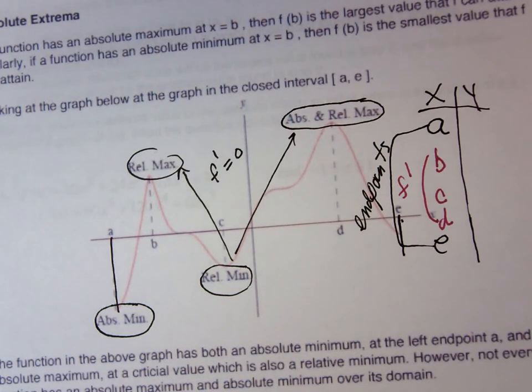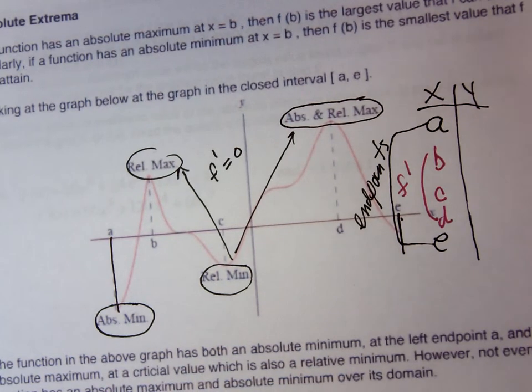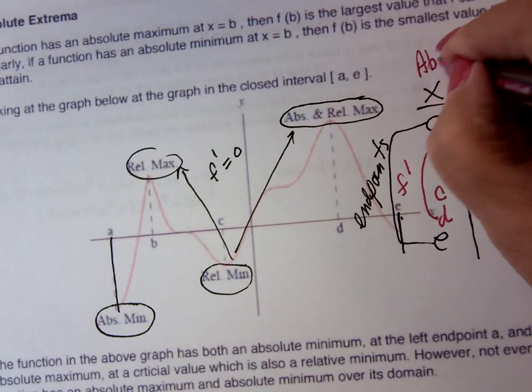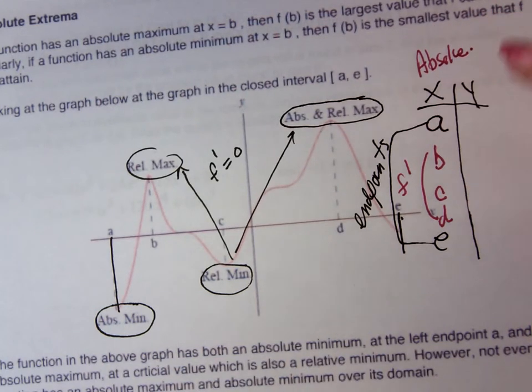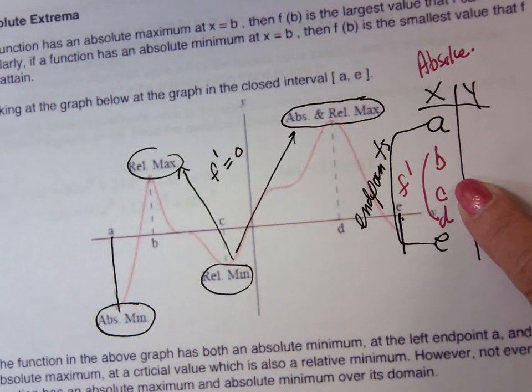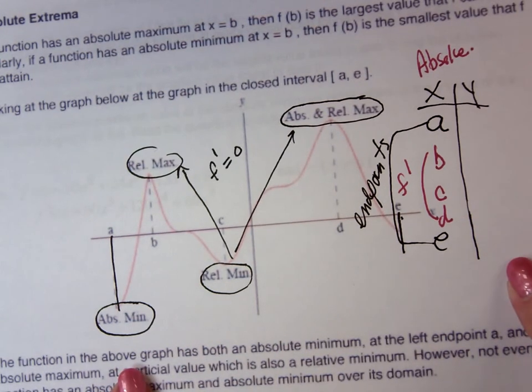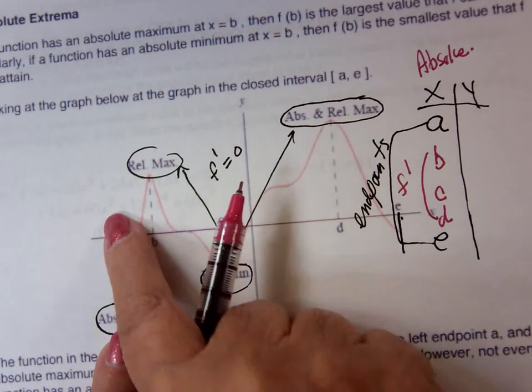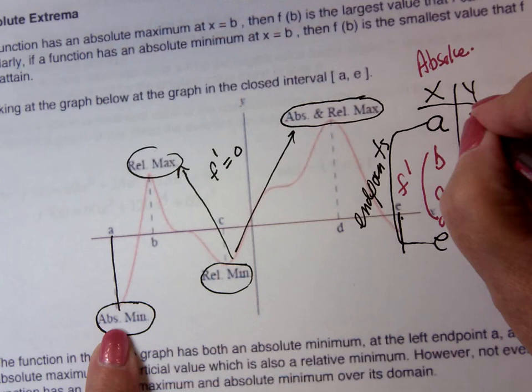So that as I look at the situation, absolute occurs either at an endpoint or hill and valley within the interval. Then I calculate out my y values. And this guy here, if I look at A for my picture, this is the smallest.